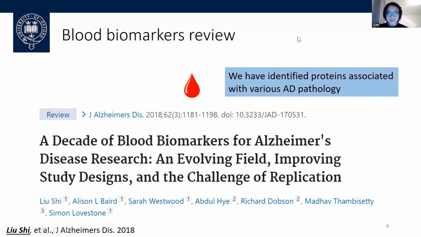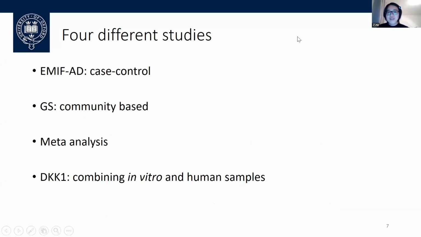Okay, I'll continue. So now I'll show you 4 different studies that we have done to identify and validate biomarkers relating to Alzheimer's disease. The first is the EMIF AD study, which is a case control study. The second is the GS study, which is a community-based study.